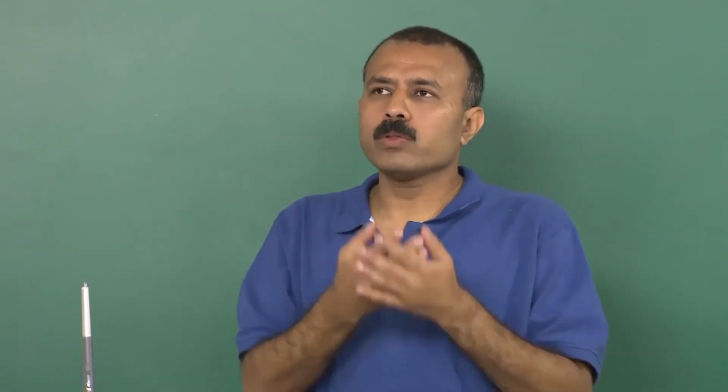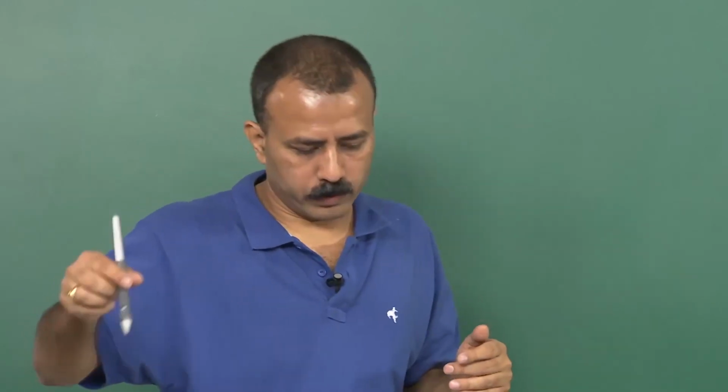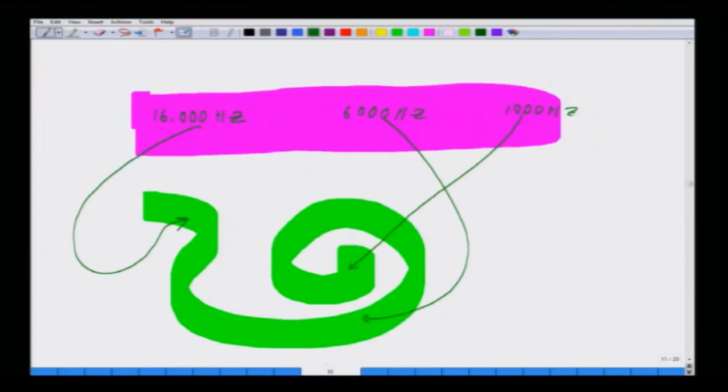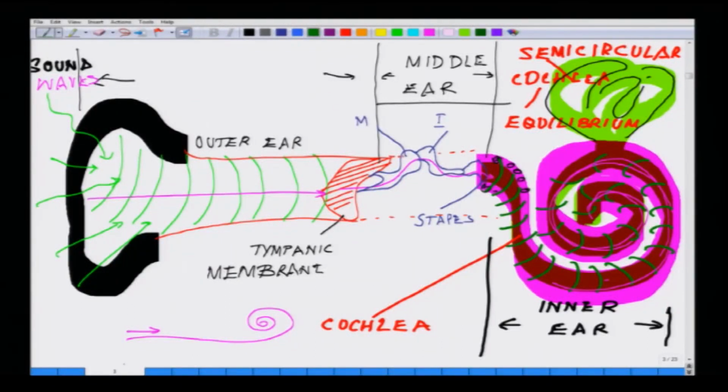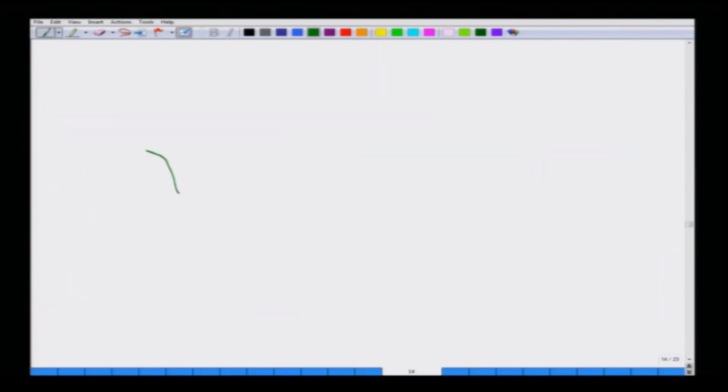Now, coming back to the overall structure, think of a situation where this structure has gone wrong. This person is not receiving any further signal from the sound waves.